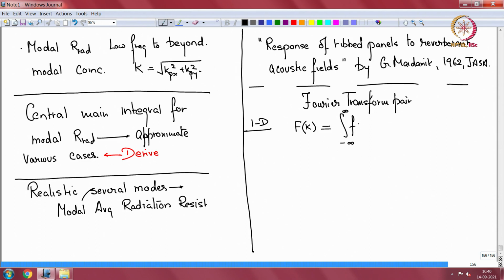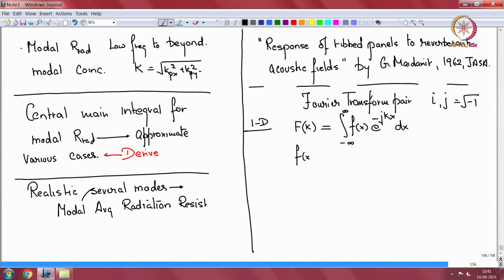So this is the spatial function. I take a transform and I will use i and j freely, interchangeably, as the square root of -1, dx. That's the forward transform.